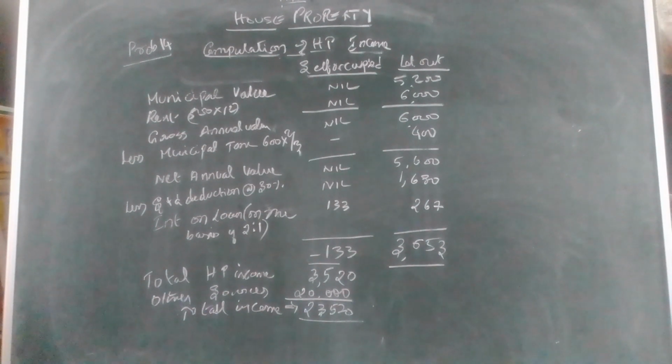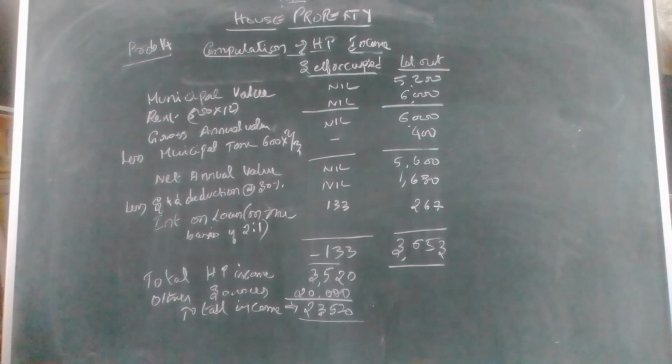And the property which is let out for a rent of 500, we have to take the rent as 6,000 rupees per annum. We are also given that the municipal value for the let out property is 5,200. So we have to take the municipal value and rent received, whichever is higher. 5,200 and 6,000: 6,000 is the higher value, so that amount is taken as gross annual value.